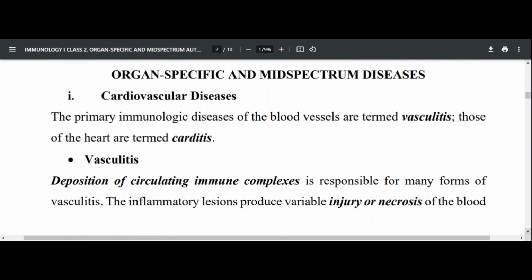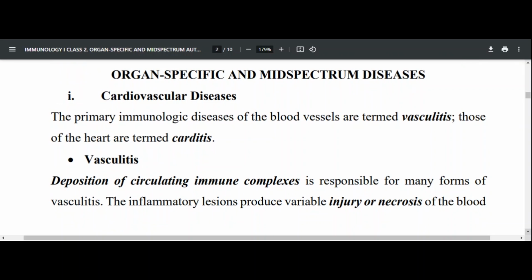Vasculitis involves deposition of circulating immune complexes, which is responsible for many forms of vasculitis. There are different causes of immune complex deposition. As you remember, some hypersensitivity reactions and some diseases can lead to the accumulation of immune complexes in the blood vessels, which leads to vasculitis.